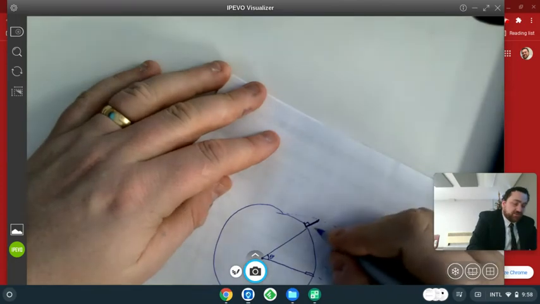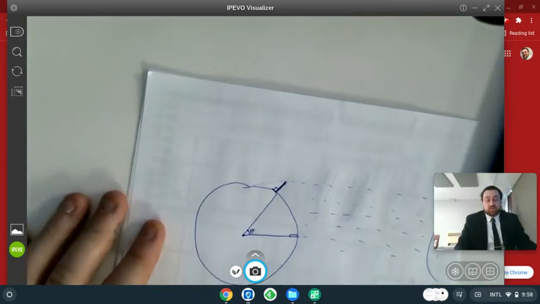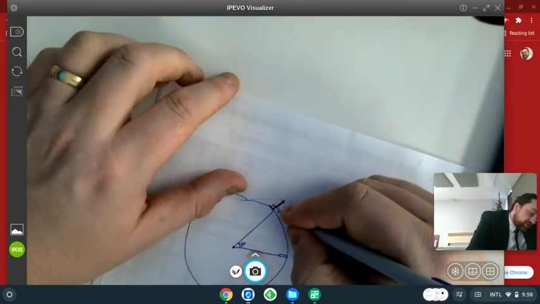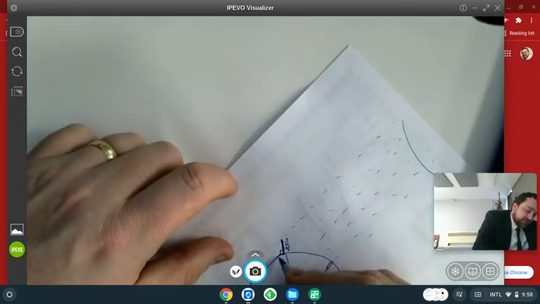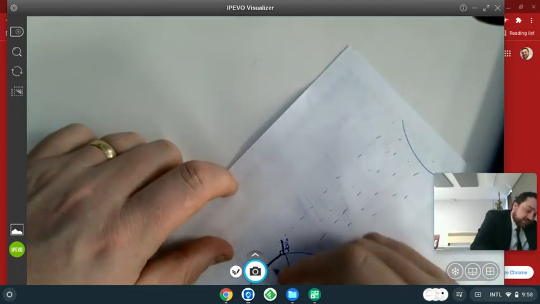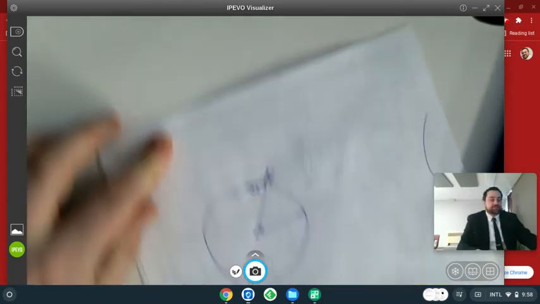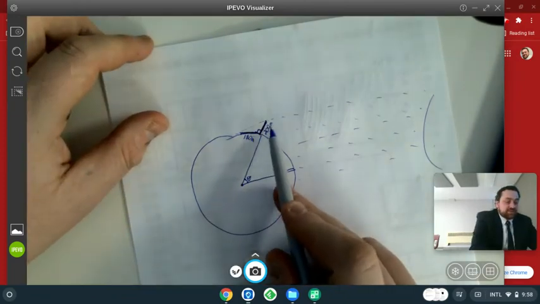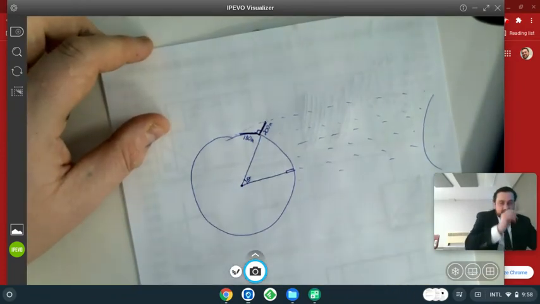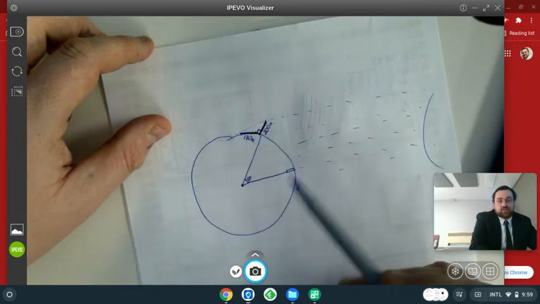Now he knew the height of the obelisk, and I'm going to give you the height of the obelisk. Let's just say that it's 200 meters. And let's just say that the shadow is 180 meters. So it made a shadow that's a little less than the height of the obelisk.